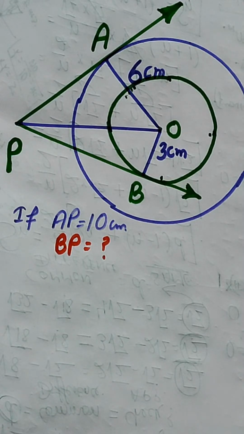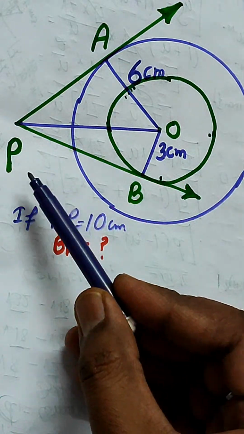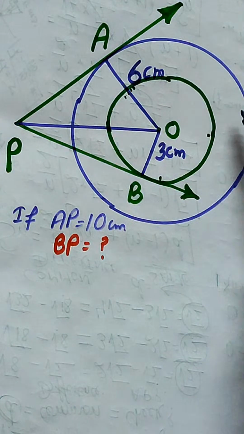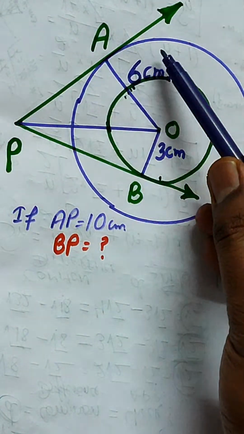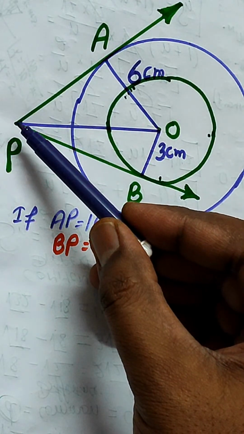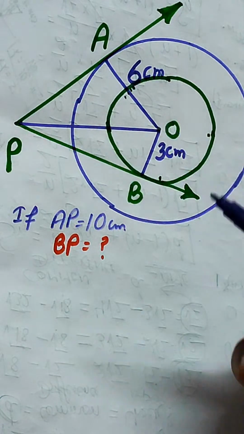So here you can see P is a point. From P, tangent is drawn to the bigger circle, the blue one. And you can see P is the external point, then PA is the tangent.